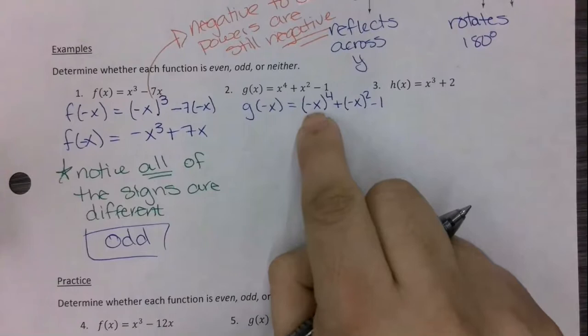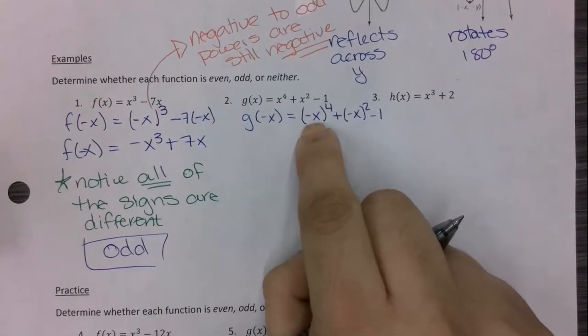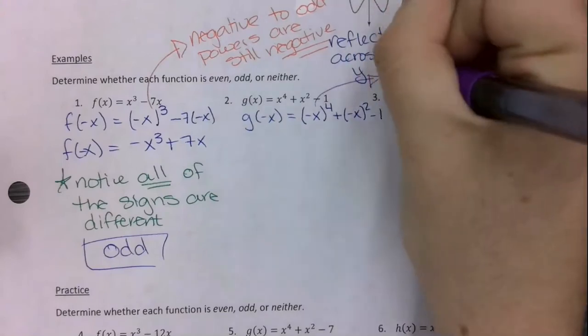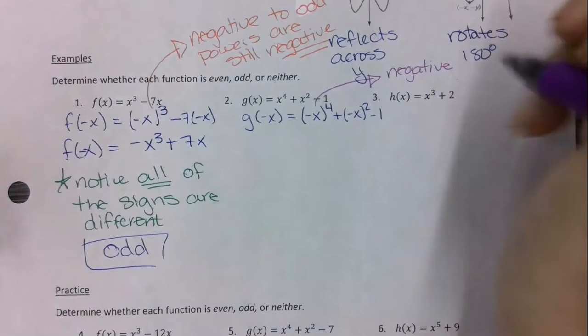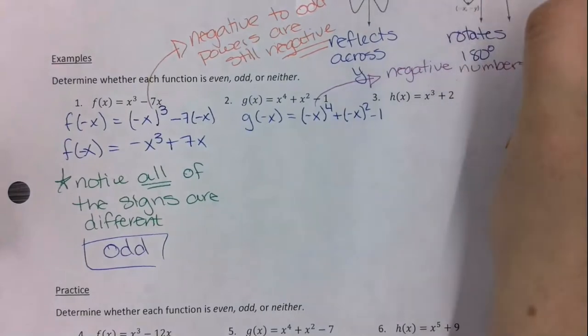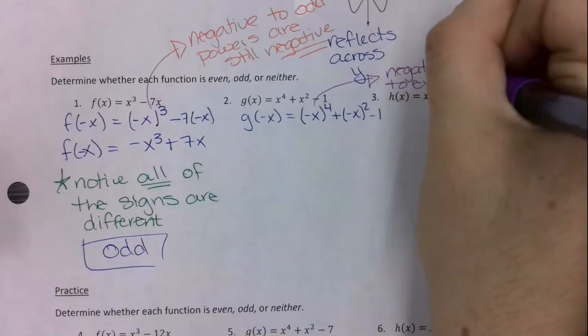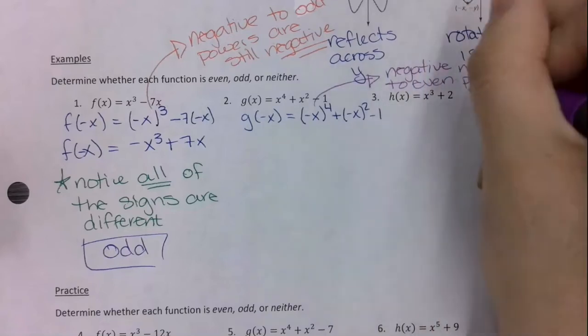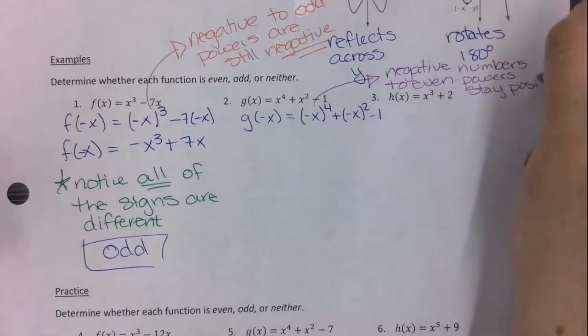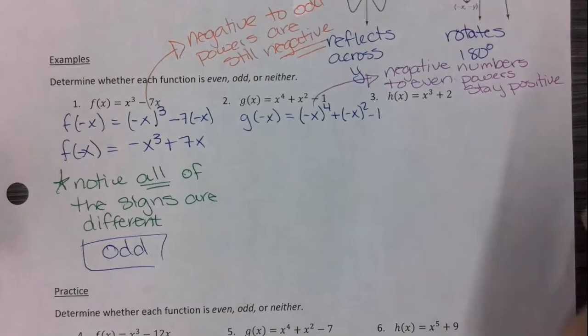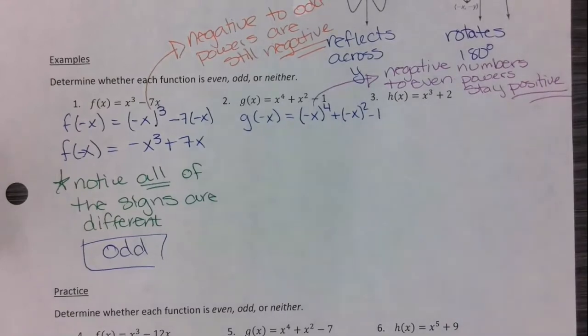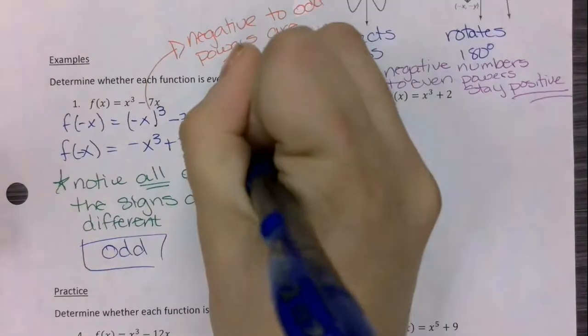So, negative numbers to even exponents do what? So, I'm going to rewrite this.